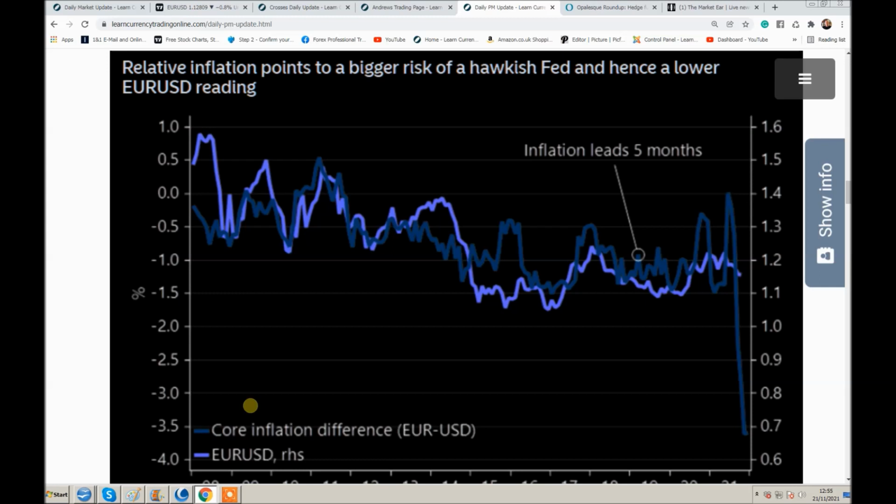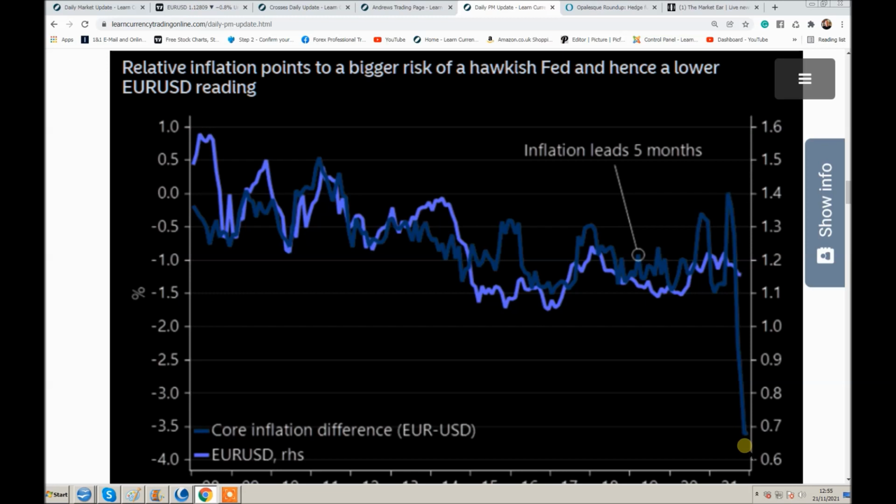If you're looking at trading big trends, you want to know central bank policy going forward and the health of the respective economies. Now, in terms of this first chart, it's to do with inflation. Inflation is high in both Eurozone and the US, but it's higher in the US. You can see down here, I've got my cursor, core inflation difference, Euro USD.